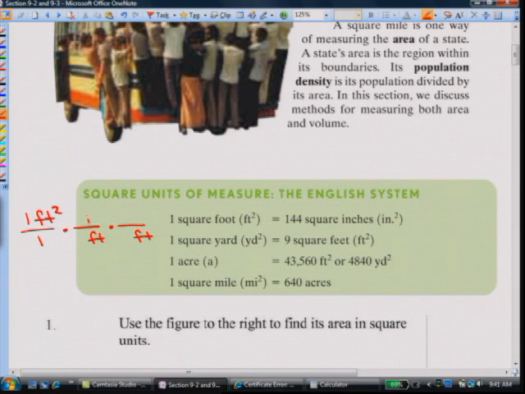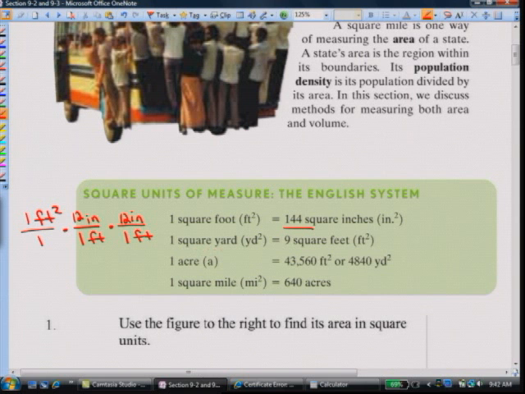So you've got inches here and inches here. Does that make sense? So you actually have 2 unit multipliers: there's 12 inches in 1 foot, 12 inches in 1 foot. That's how they get 144 square inches being equivalent to 1 square foot.